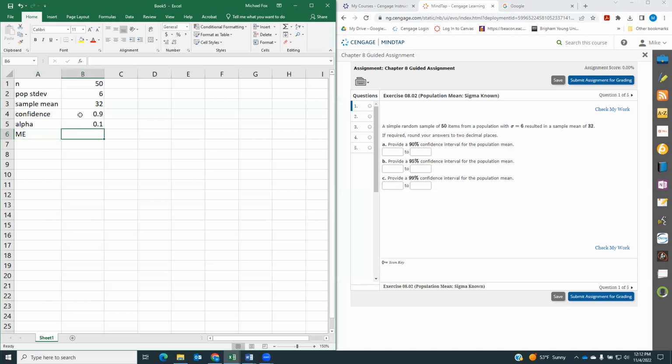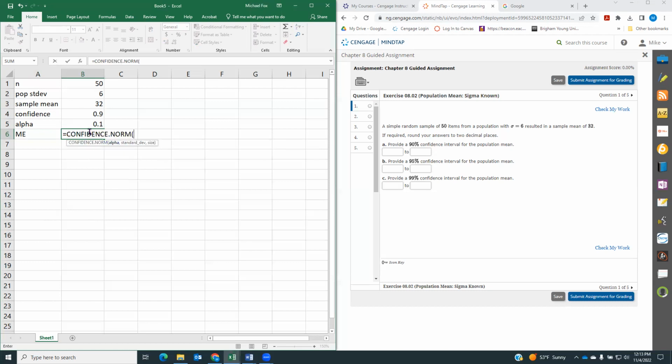Okay. So margin of error, I can calculate one of two ways. There's a formula, which is in essence the z-score of our alpha divided by 2. So our alpha is 0.1, so the alpha divided by 2 is 0.05, the z-score of that times the standard error of the mean, which we learned about last chapter, will give us our margin of error. Or there's an Excel function for it that we can just punch in, and it's called CONFIDENCE.NORM.